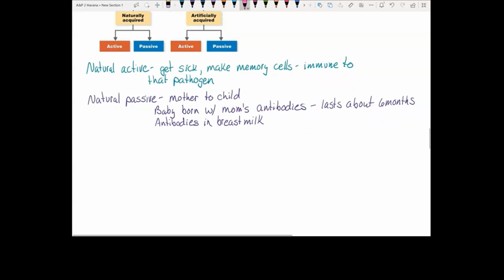The next one is artificial active. This is vaccines. When you get a vaccine, you are injected with a dead or weakened pathogen.